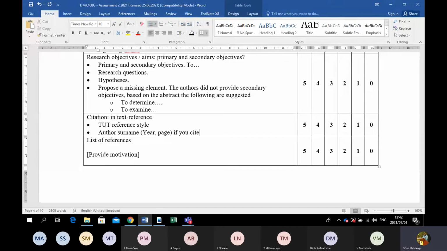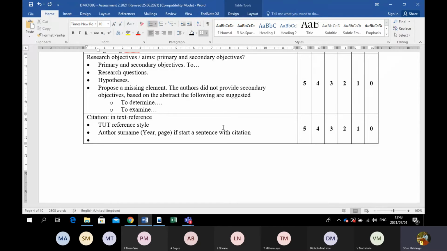If you start a sentence with a citation, and then I know the bracket will come here, and then will be the author's name.